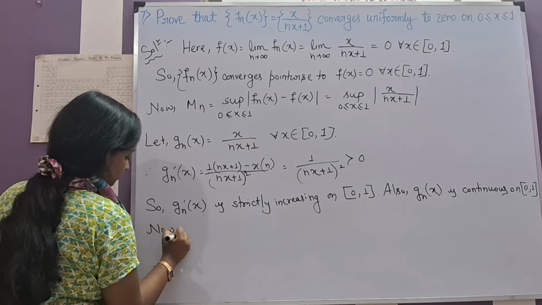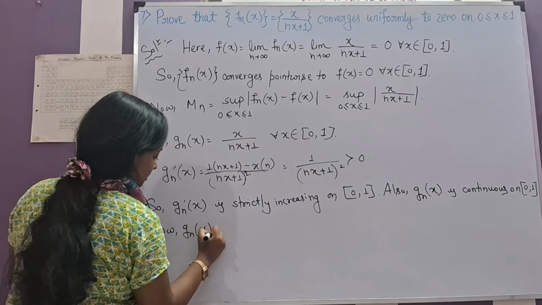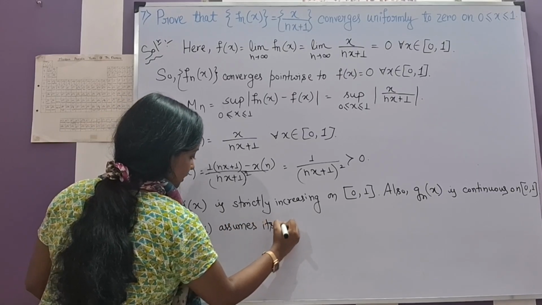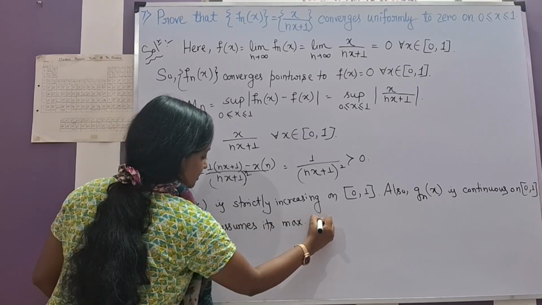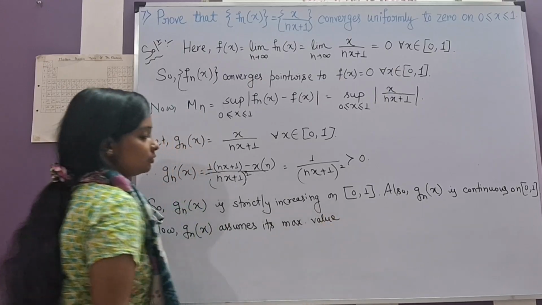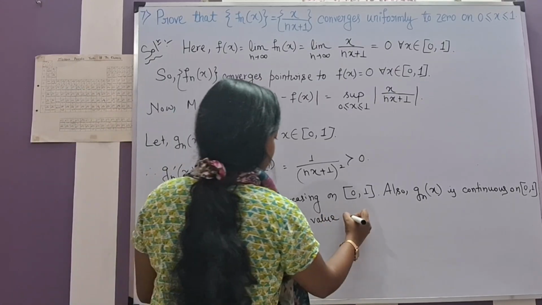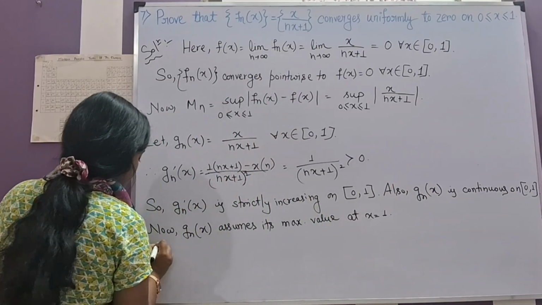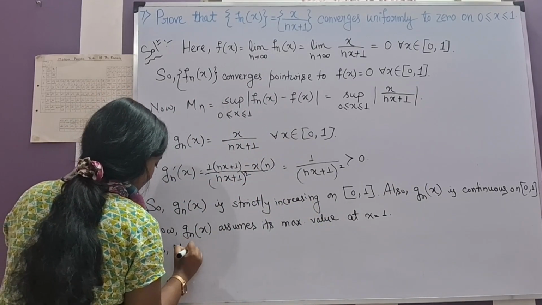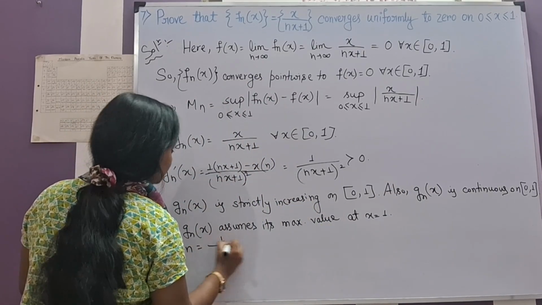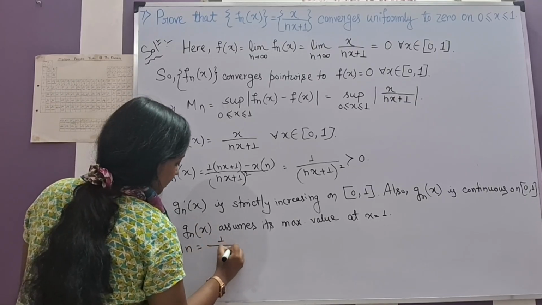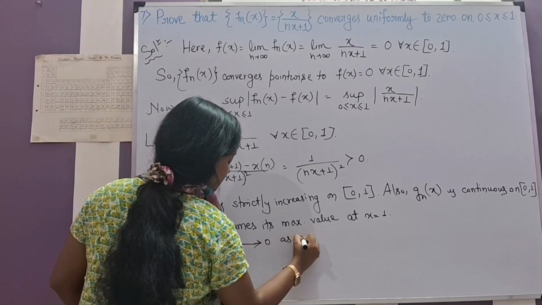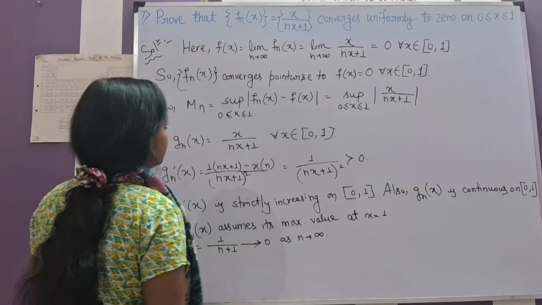Now, gn of x assumes its maximum value. Where will it assume its maximum value? Yes, obviously at x equal to 1. So capital Mn is equal to 1 by n plus 1, which tends to 0 as n tends to infinity.